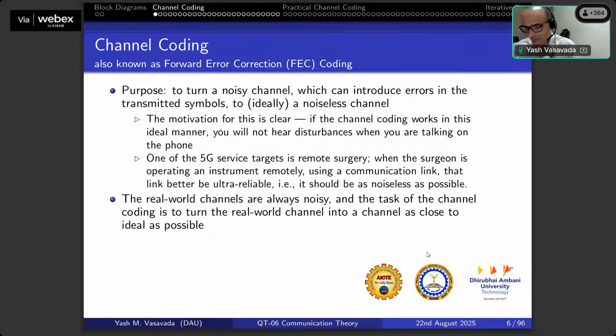We not only want to transmit a large amount of data in a short amount of time, but we want to make sure that the channel better not introduce random errors. But that is a fact of life. Real world channels are always going to introduce noise, corruption, interference, etc. So how to do this?